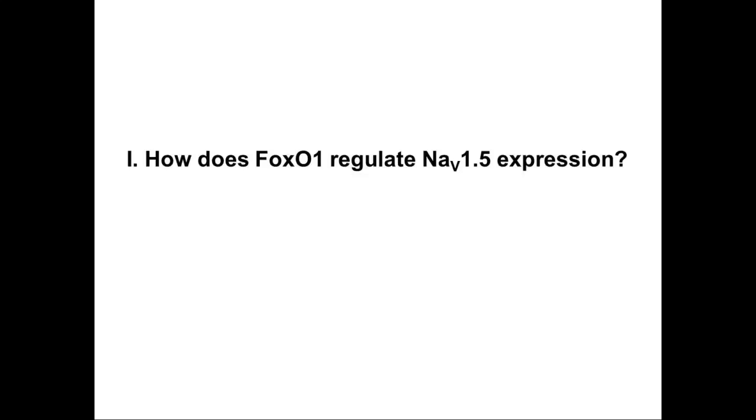FOXO has different isoforms: FOXO1, 2, 3, and 6. FOXO1, 2, and 3 are highly expressed in myocardium, and FOXO1 is more abundant in myocardium.